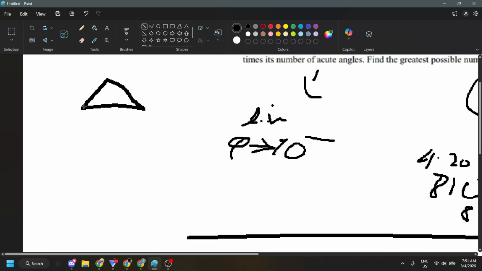And that doesn't work. I think this is what we have to do. Like that. Oh, that isn't even convex. Shoot.